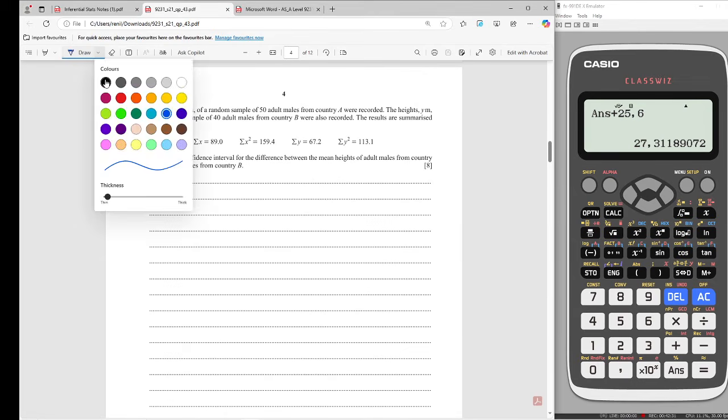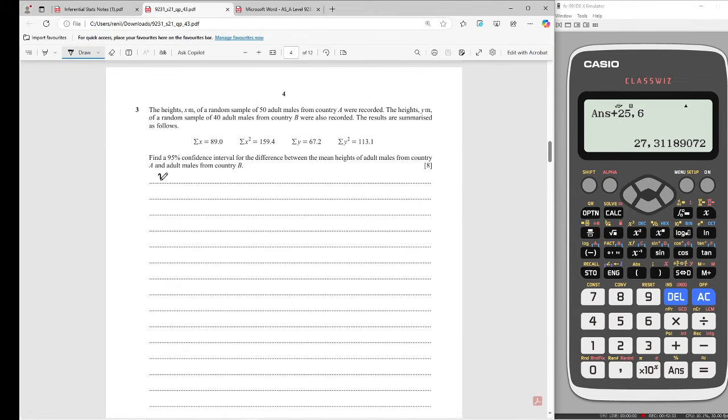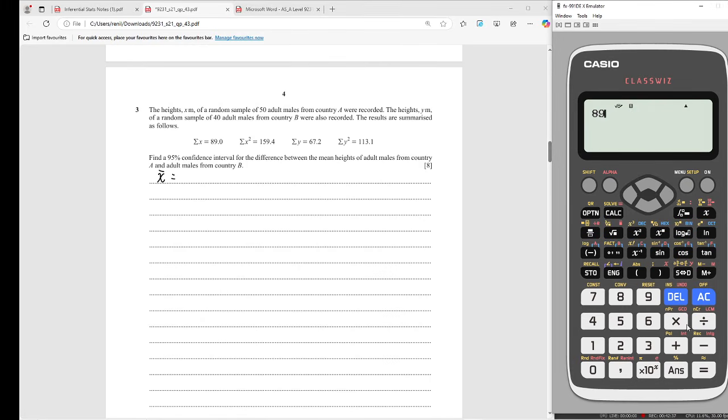We need to first calculate your mean x. So mean x equals to 89 divided by number of terms of x. Oh, right, we need to state number of terms of x first. So number of terms of x, 50 adult males, and 40 adult males of country B. So ny equals to 40.